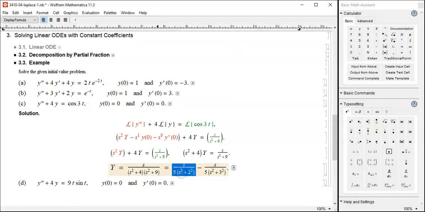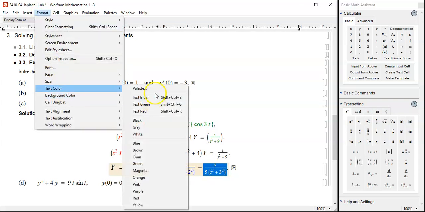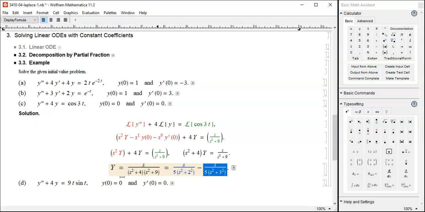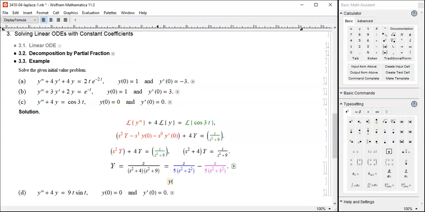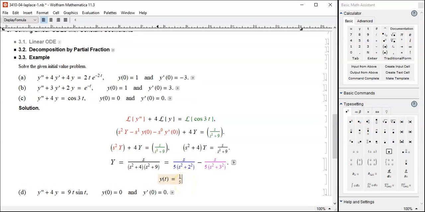Let's color code this one in blue and this one in some other color, let's say magenta or pink. Y of t is therefore s over 5, where 5 is a coefficient, so 1/5 times s over s squared plus 2 squared, which gives cosine of 2t.